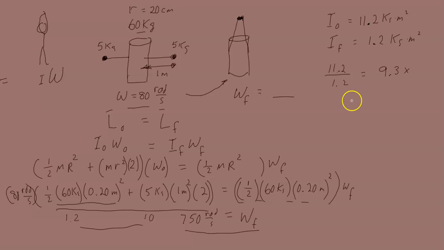We look at that inverse relationship, and we have an initial angular velocity of 80, and we multiply by that factor. That's where we get the 750 from. So this is just some relationships with ratios. If you decrease the moment of inertia by 2, your angular velocity will go up by 2, and vice versa.